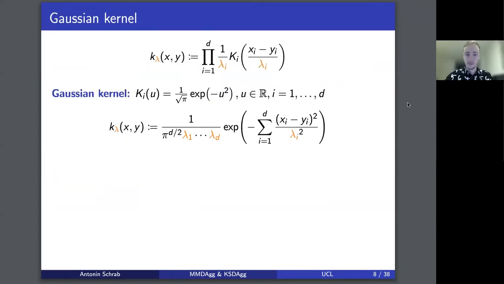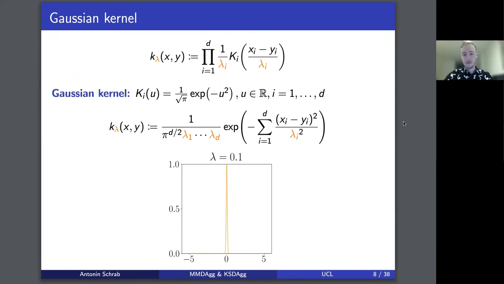So two common examples that lie within this definition of kernels are the Gaussian kernel, where we simply define k_i to be a normalizing constant, 1 over square root of pi, times exponential of minus u squared. If we do this, we get the Gaussian kernel, where we can see that this is an L2 norm, especially if all the lambda_i's are the same, then the lambda comes out of the sum, and this is exactly the squared L2 norm of x minus y.